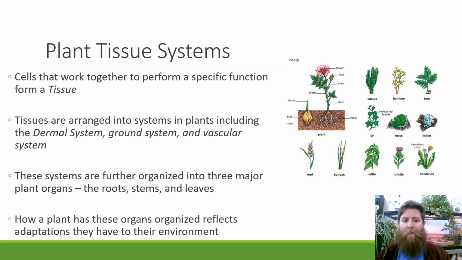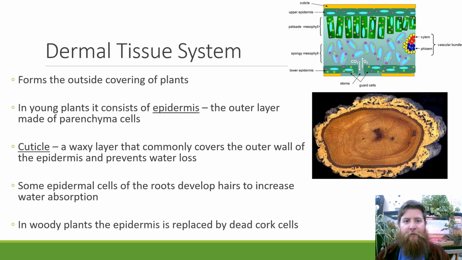So the dermal tissue system forms the outside covering of plants. In a young plant, it's an epidermis, which is the outer layer of parenchyma cells. They can also make this structure called the cuticle. Up here, you have the cuticle.